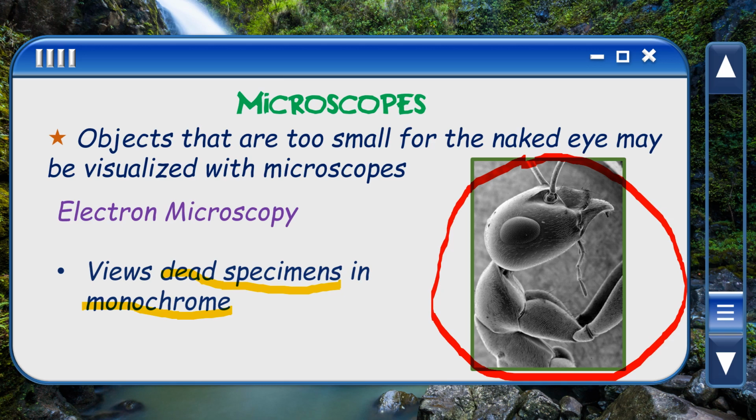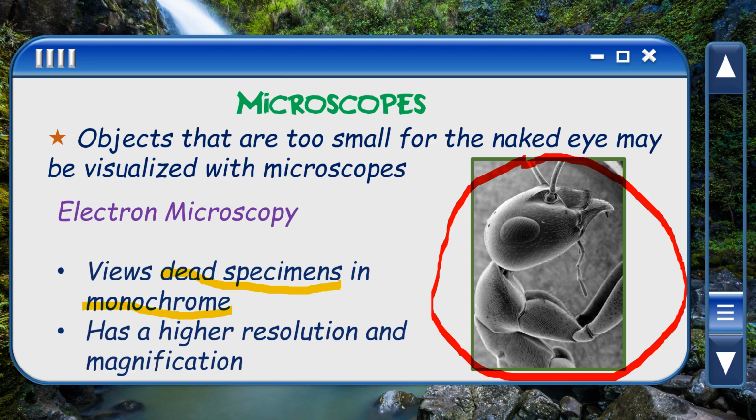The electron microscope is used to view specimens that are dead, which means these organs have to be dead if we are to use an electron microscope. And the second thing is that we are just going to see them in monochrome, not in their natural color, like the way we see using a light microscope.